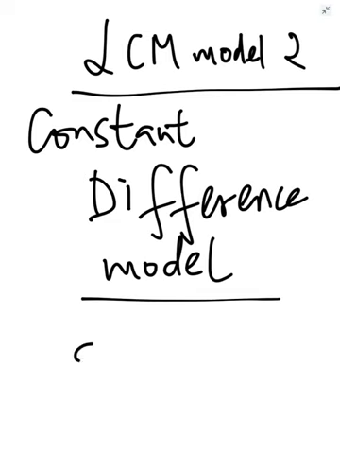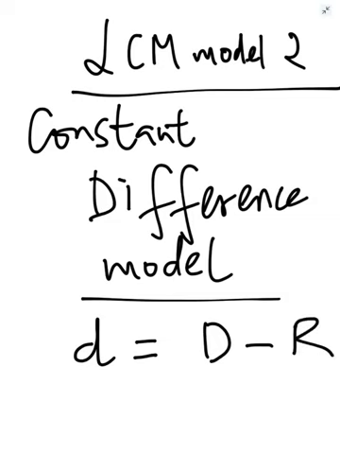First was the constant remainder, and this model 2 is the constant difference model. Here the difference of divisor and remainder is the same, which I have shown by small t.